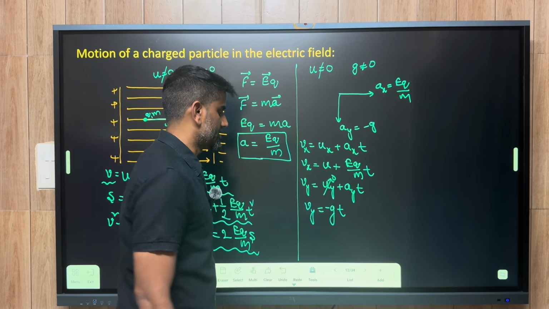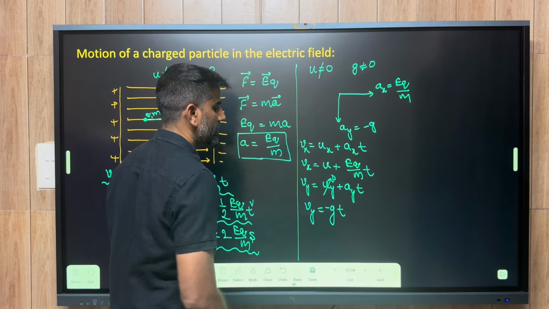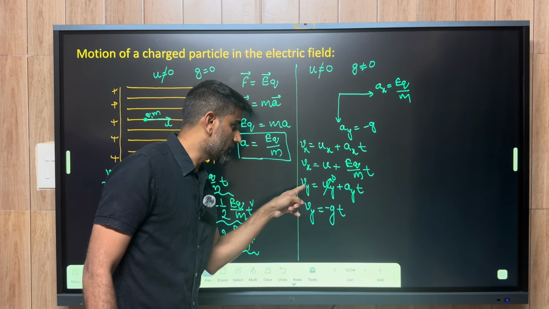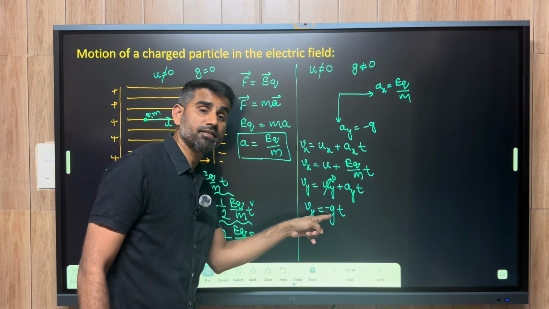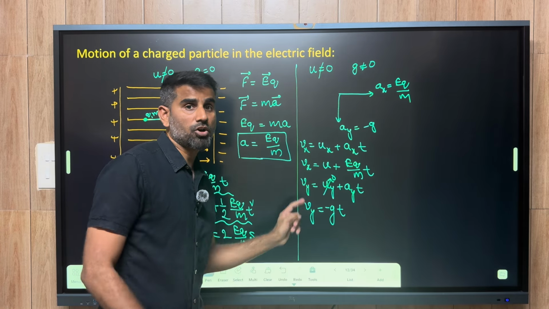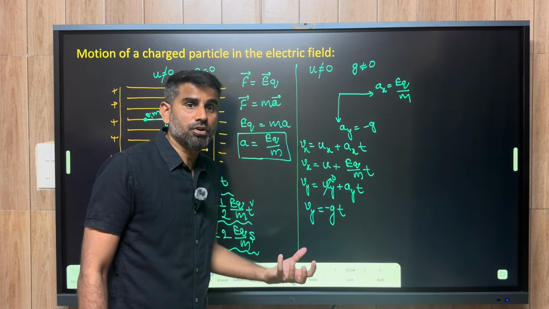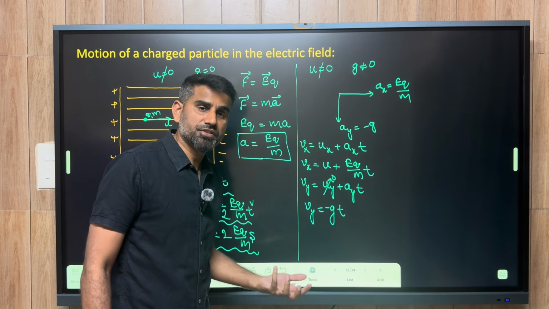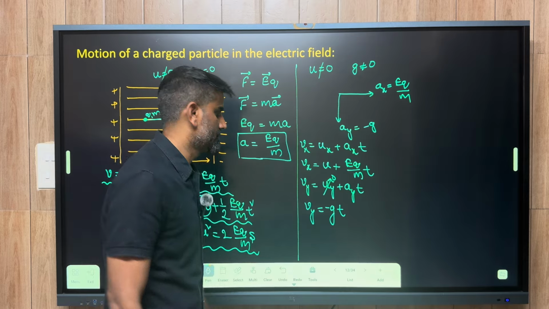So this is Vy, this is Vx. As you can see, even though the vertical component of initial velocity is 0, its final velocity is not 0, because there is acceleration due to gravity, which is pointing in the downward direction, giving an additional amount of velocity in the y direction. This is causing the increase in velocity in the vertical, downward direction.